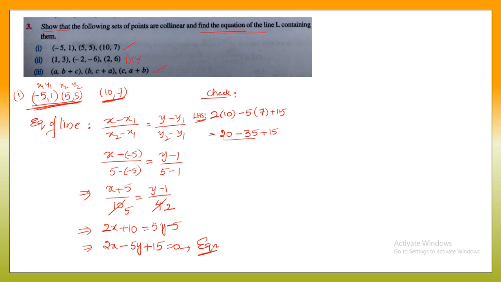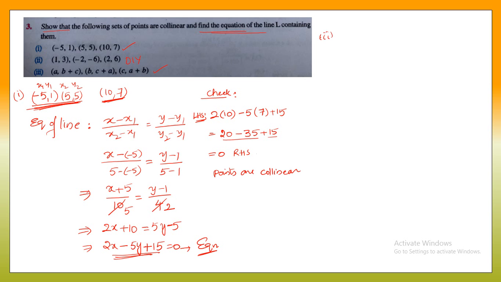So 20 minus 35 is minus 15, plus 15, it is 0, which is nothing but my RHS. So clearly the points are collinear, and at the same time we have found the equation of the line as well. Okay, next moving on to question number 3.